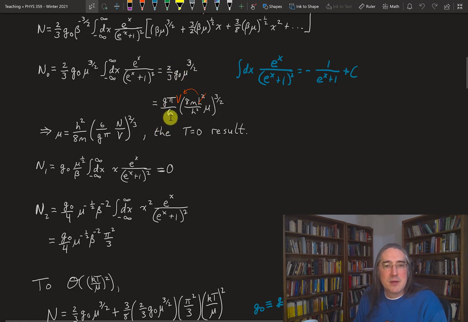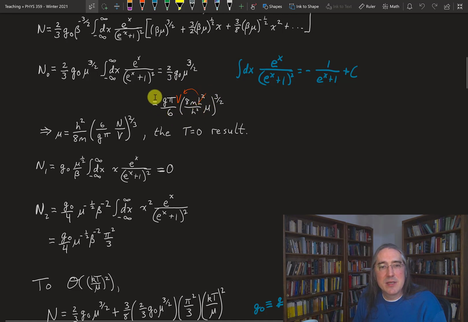We get G pi over 6. That maybe sounds familiar now. We get the 8m L squared over h squared mu. Sorry, the mu is coming from here, obviously. So the G0 is the 8m L squared over h squared to the 3/2. I'm going to pull the L squared out to become V. You'll see in a moment why.